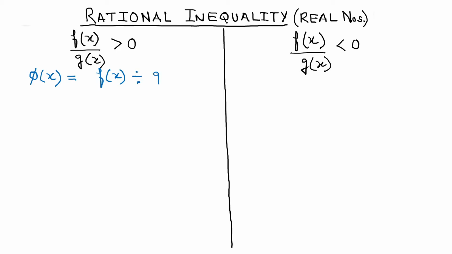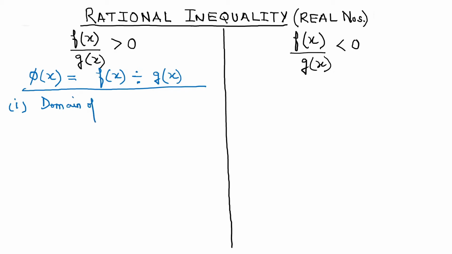what is the mathematical operation that we are performing on the functions f(x) and g(x)? We are dividing f(x) by g(x). So the very first thing that we would do after this is specify the domain of phi(x).